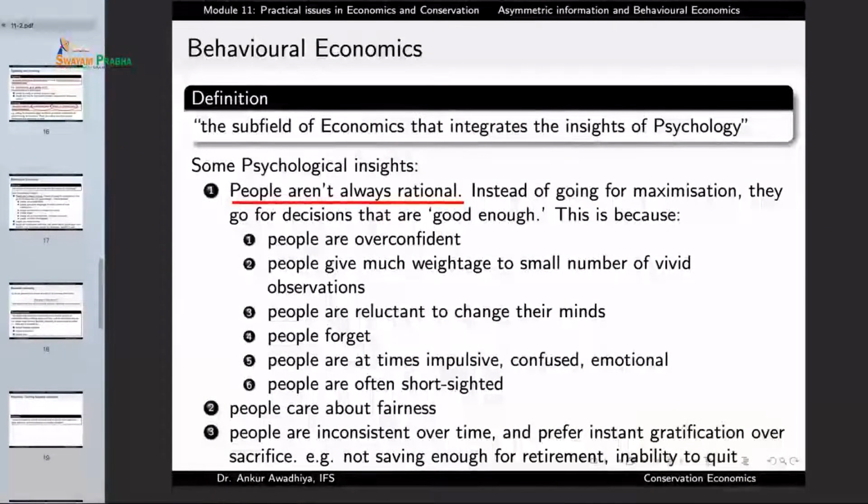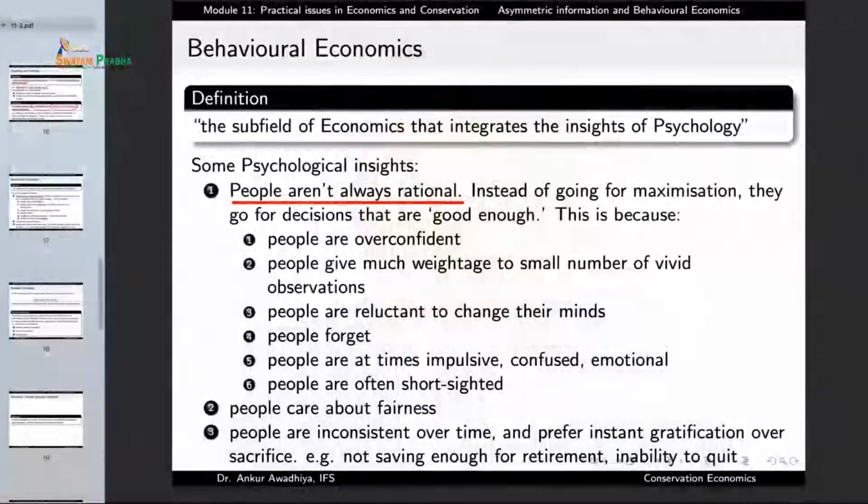Or people give much weightage to a small number of vivid observations. So if there is a person who has observed that a particular vehicle did not perform that well, perhaps it was a friend's vehicle and this vehicle was not working that well. Now, this is a very vivid information because this person has observed this vehicle from close quarters.